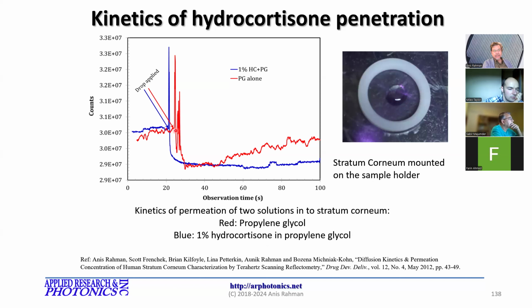So either it's some nooks and crannies where all these things are happening, or some other kind of interaction going on that we don't know for sure. But the peaks are happening because some of the radiation that was escaping is not escaping, so the count goes up. And these ups and downs are happening because of something going on over that period of time with the stratum corneum and the solution that is dropped over there.